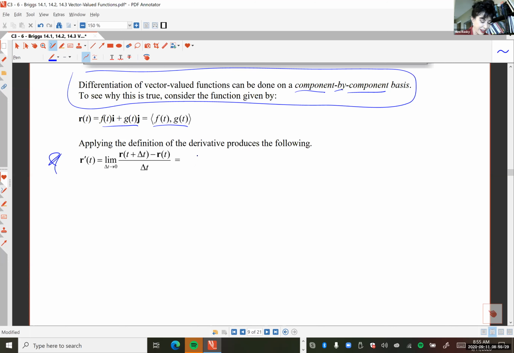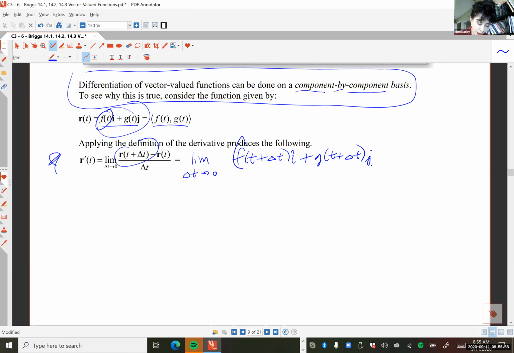If I break this down, what am I doing here? And I'll use the linear combo. What is R, the vector valued function, when you plug in, instead of just t, t plus a little extra? Well, it's the first component f evaluated at t plus a little extra, i hat, plus the g evaluated at that t plus delta t, j hat.